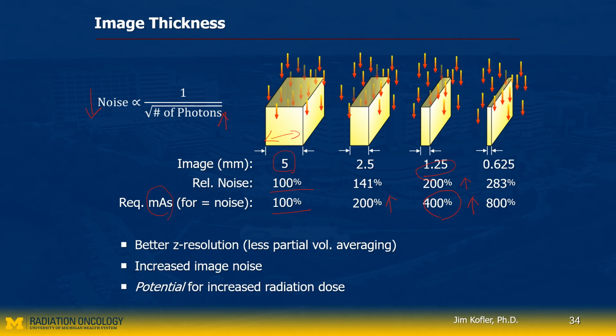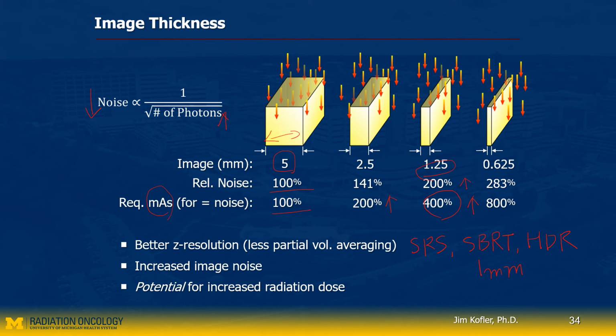Another thing: better Z resolution typically means thinner slices. In an SRS situation, we use 1 millimeter, and if we have a spine SBRT, we want really thin slices. And in HDR, when you have different shapes of applicators or catheters, we need this 1 millimeter and sometimes sub-millimeter slice thickness.